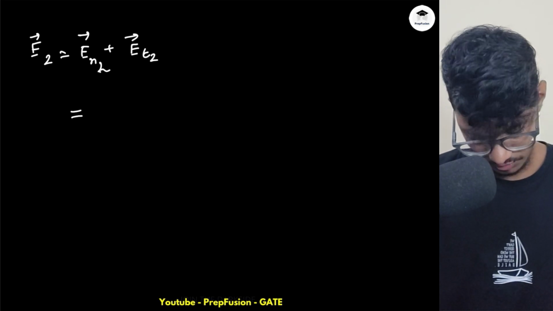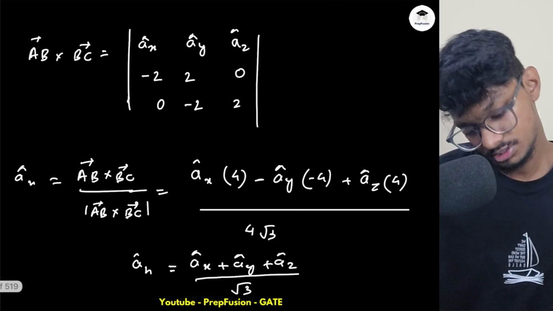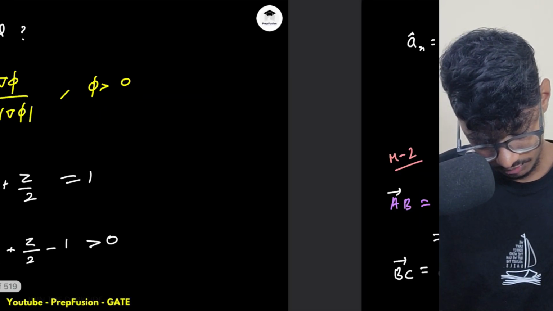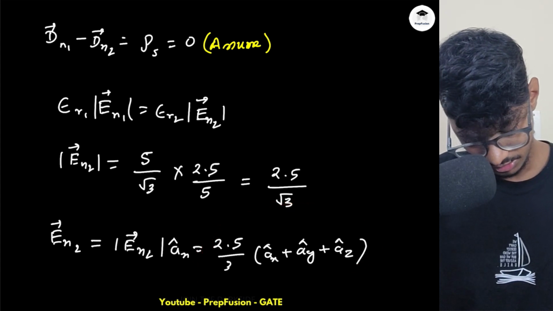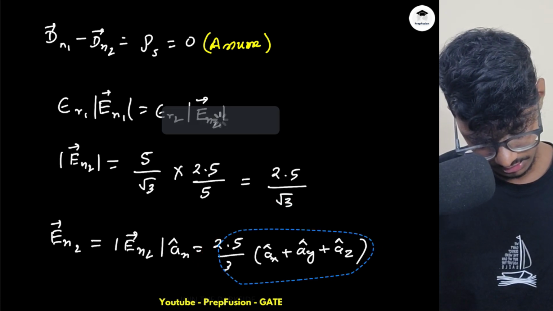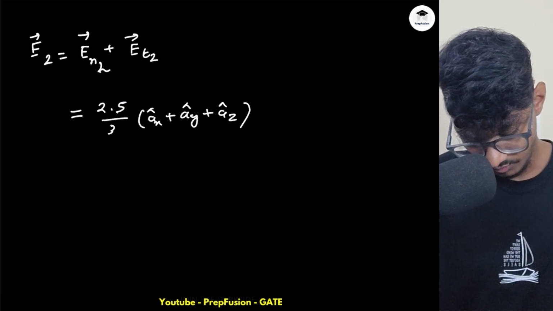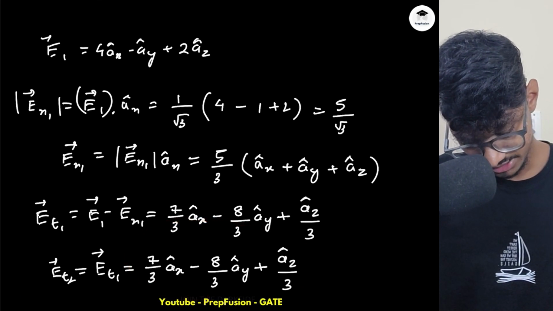So what is my En2? My En2 is this, right? I'll copy and paste this here. And what is my Et2? Et2 I have just derived here itself, which is the same as Et1.